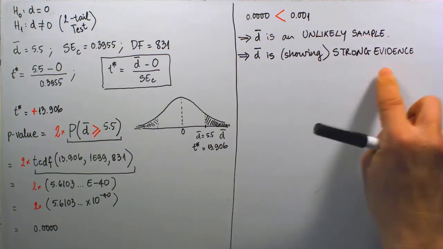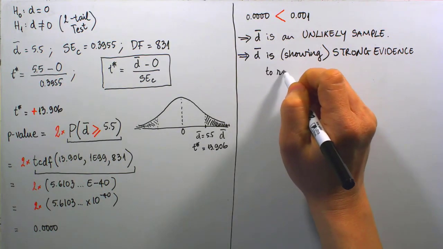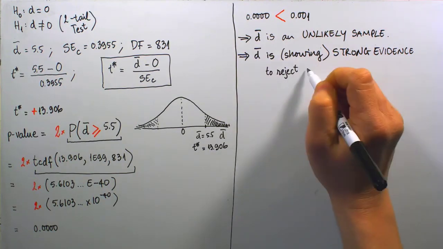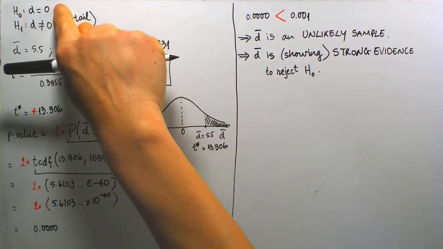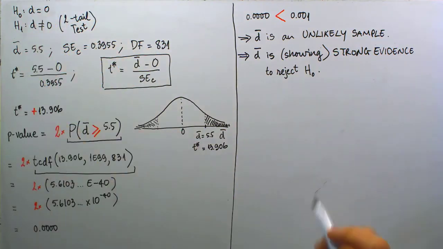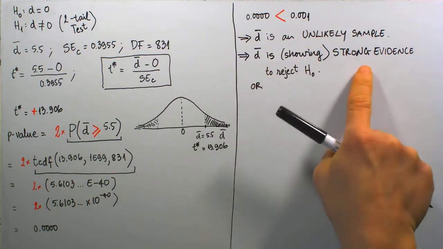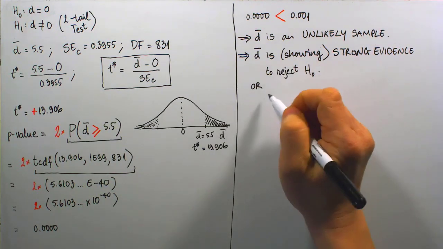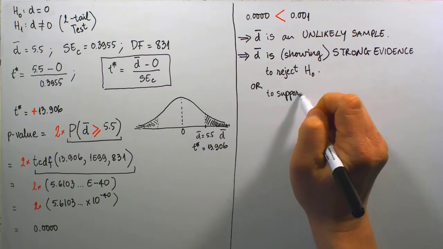And the evidence here is, in one way, to reject H sub 0, the statement that claimed that D equals 0, the null hypothesis. Or in another way, we can say that d bar is our strong evidence for us to support H1.